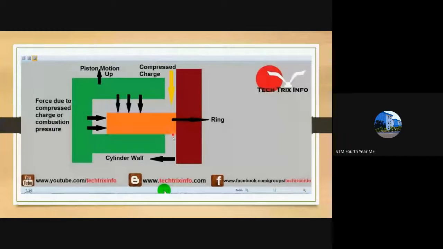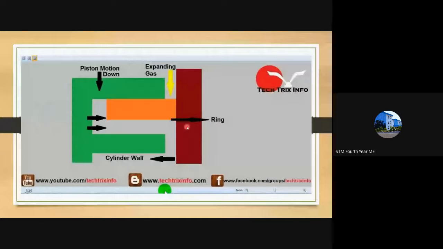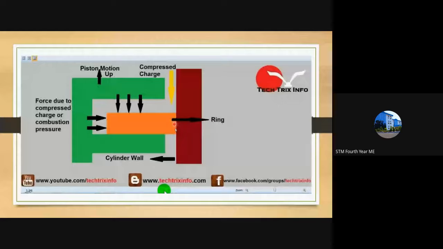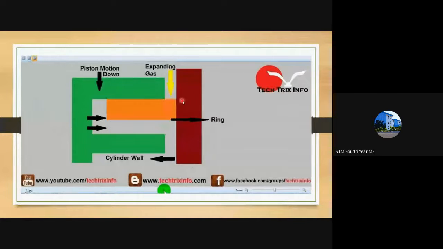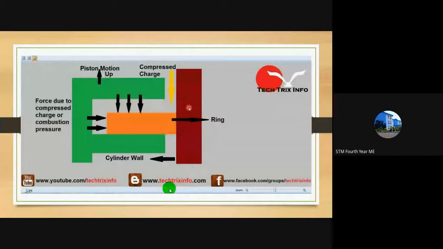The fuel and air particles can move through here, but they can't go down because the compression pressure occurring inside forces the piston ring outwards. Thereby we get the ring to mesh with the cylinder wall. So the ring will be perfectly in contact with the cylinder wall. So that is how the compressed charge is sealed.